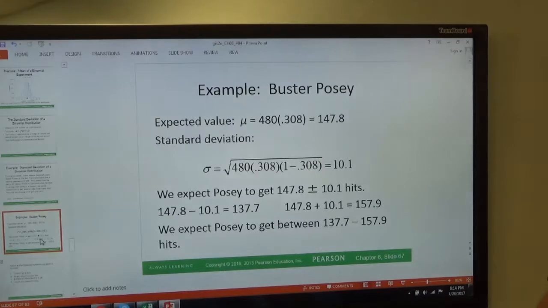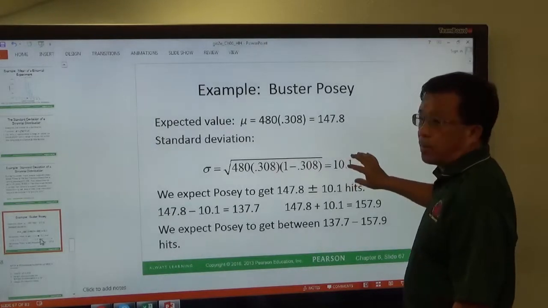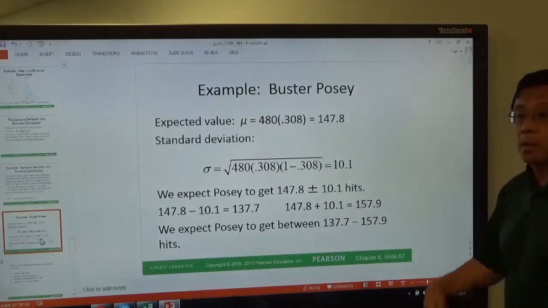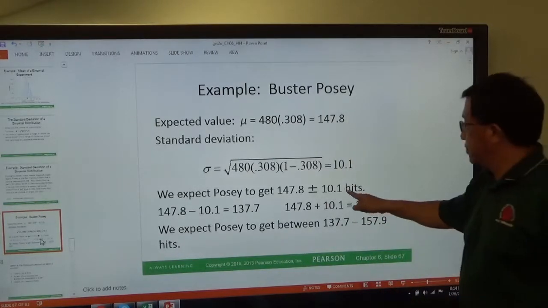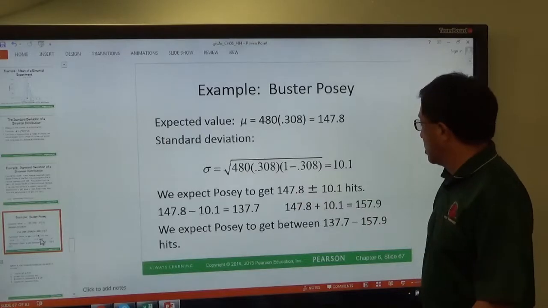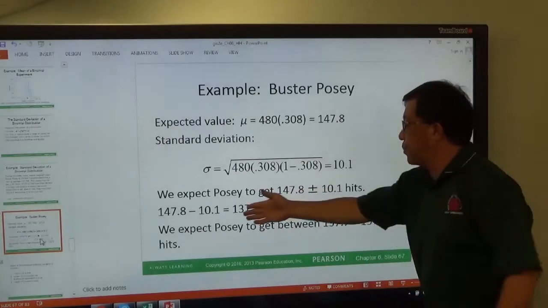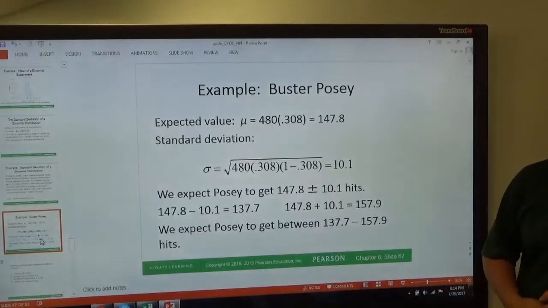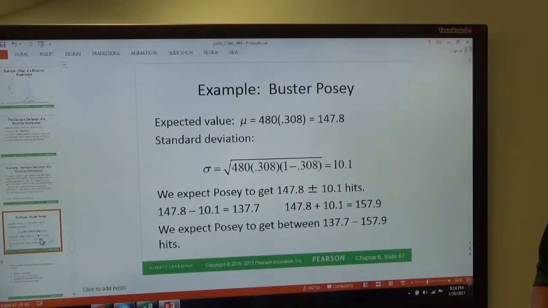And the standard deviation is 10.1. Then we add and subtract 1 standard deviation. If the number is below these two numbers or above them, that will be considered unusual. Most of the time it's between 1 standard deviation or 2 standard deviations.